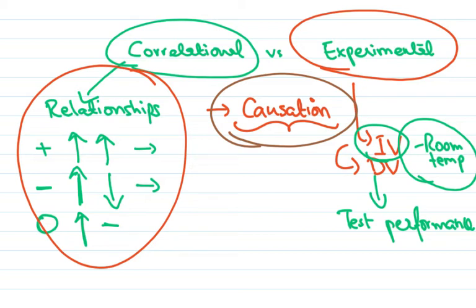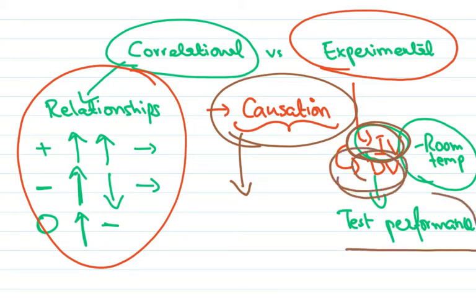And let's suppose all of the students here have similar mental capability, they're similar in terms of how well read they are and how well they've prepared for this test. Let's suppose it's an aptitude test and all of them have very similar aptitudes. So then that would give me some sort of inference about the independent variable, room temperature, causing changes in the dependent variable, which was test performance. So that's the greatest strength of the experimental method, which is that it can make inferences about causation.